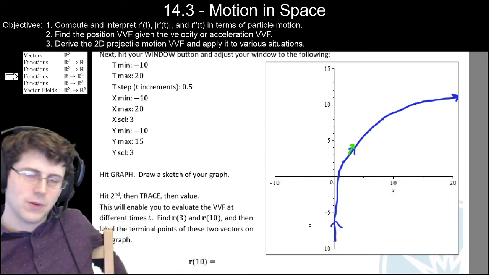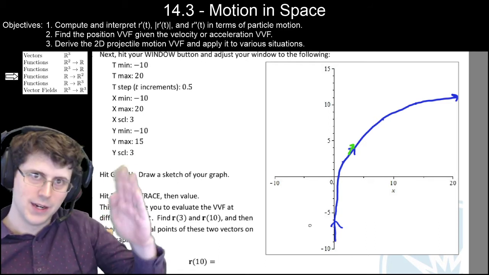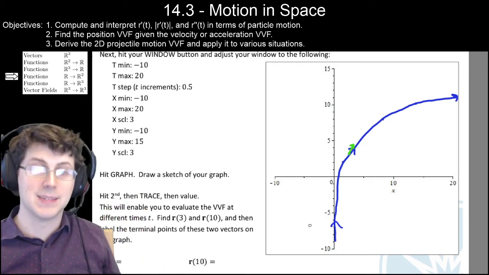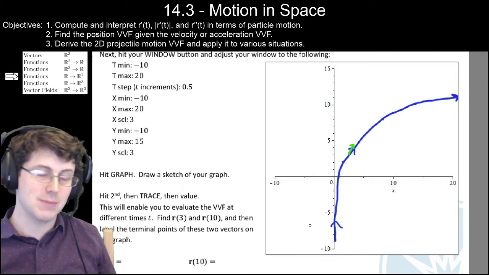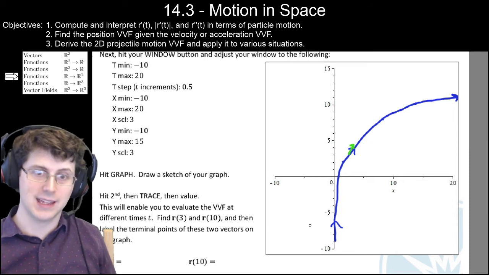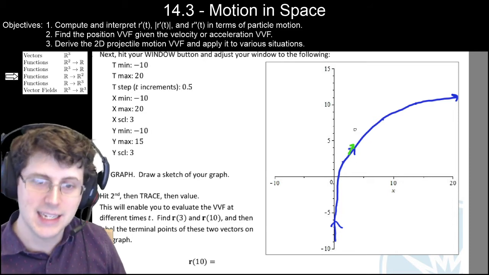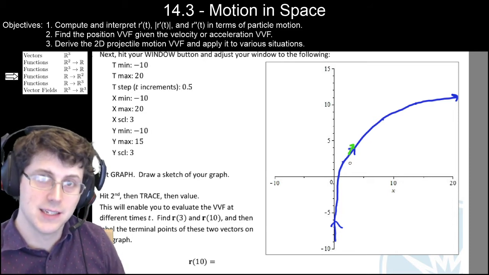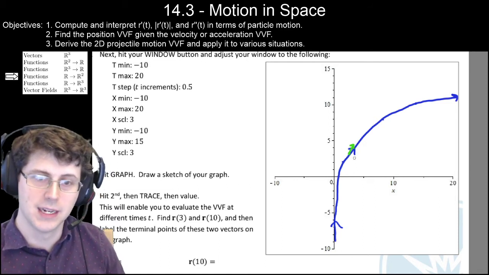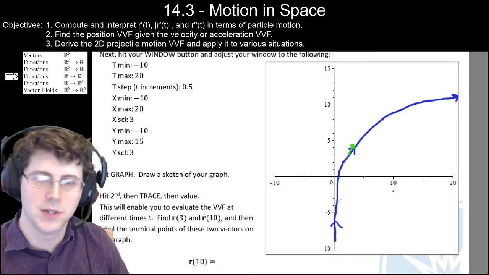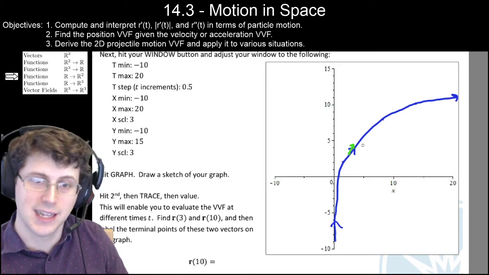You should notice that when you go over by a half and up by 1, it has a slope of 2, and that's the way to check your work: it should be going in the same direction that the curve is going at that time. The magnitude of this velocity vector tells you how fast the particle is moving on the curve at that point. But the direction tells you what direction the curve is going. So it should agree.